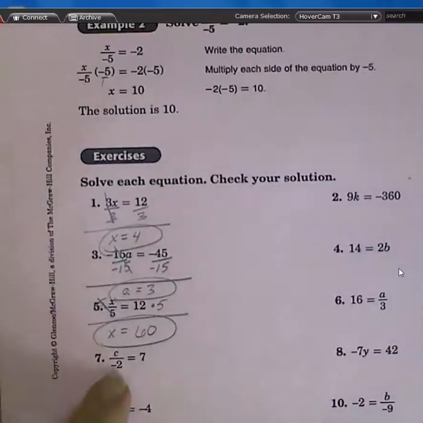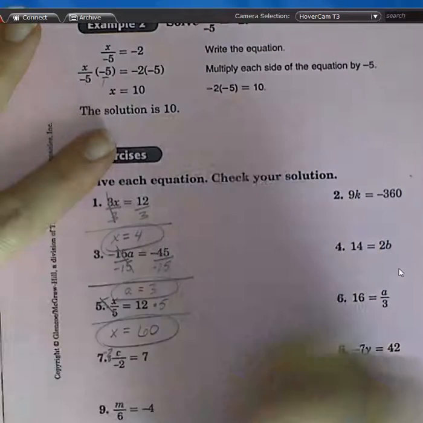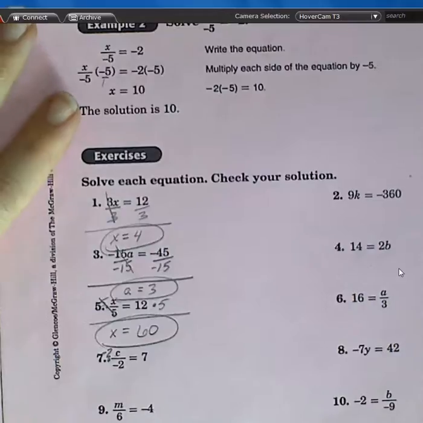How are we going to get c by itself? Logan. Why by negative 2? Why does the sign have to go with it? Yeah, and then negative c is not what we want. We want c all by itself with nothing in front of it.